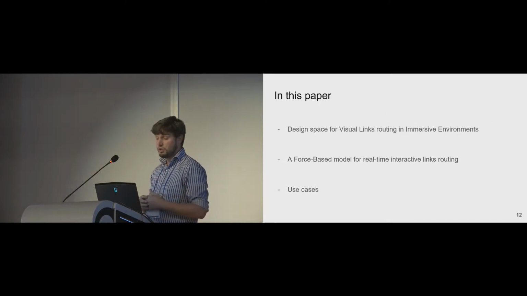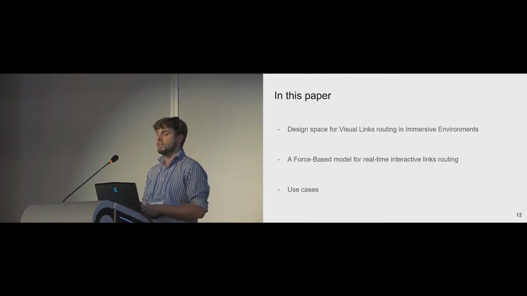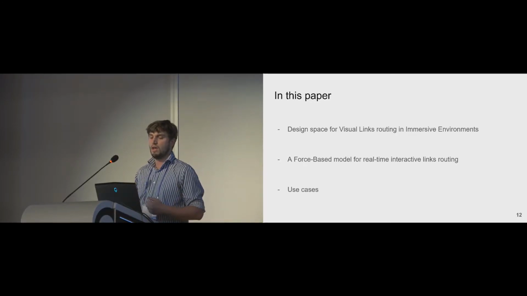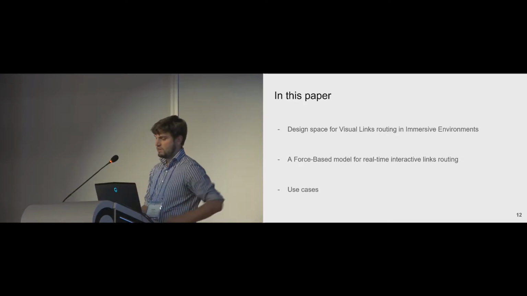To this purpose, I'm going to first present a design space for the routing of visual links in immersive environments. Then I'm going to present a force-based model that allows for real-time interactive link routing, and that allows doing most of the combinations of our design space. And finally, I'm going to present a few use cases of this model.